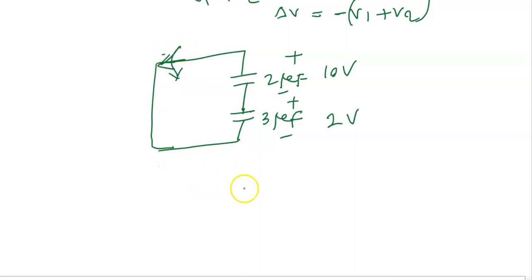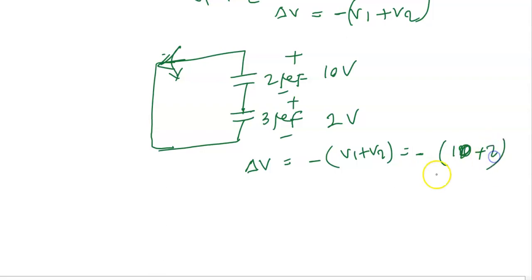What will be the steady state value? So let's say del V. Del V we found is minus (V1 plus V2), that is minus (10 plus 2), that is minus 12 volt.